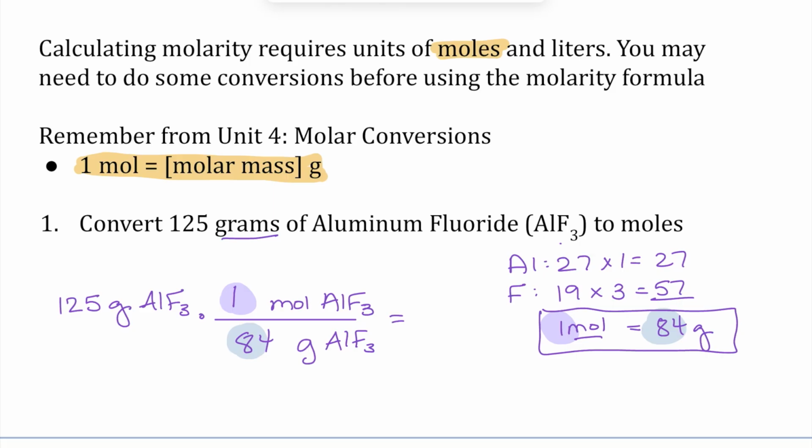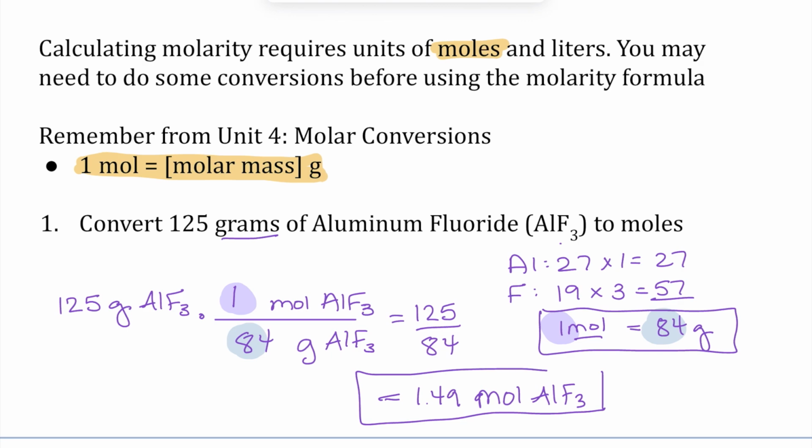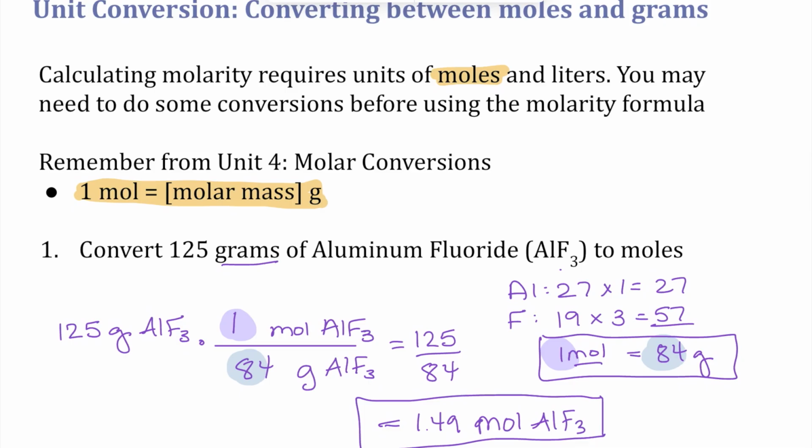And then we can go through and do that calculation. 125 times 1 is 125, divided by 84 from the denominator, and we get 1.488, so I'm going to just say 1.49 moles of aluminum fluoride as my moles value. And once I have moles, that's a value I can put into that molarity formula.